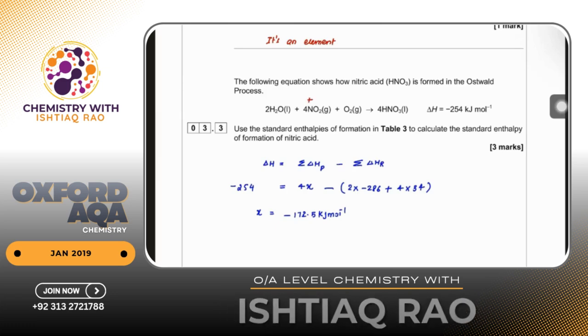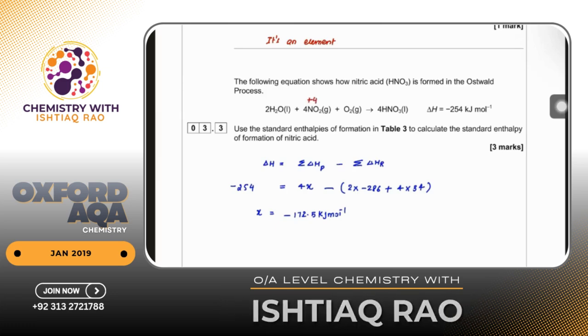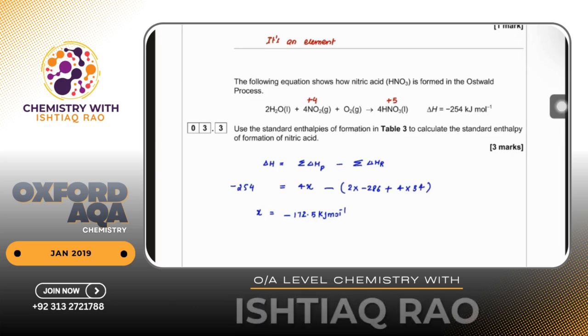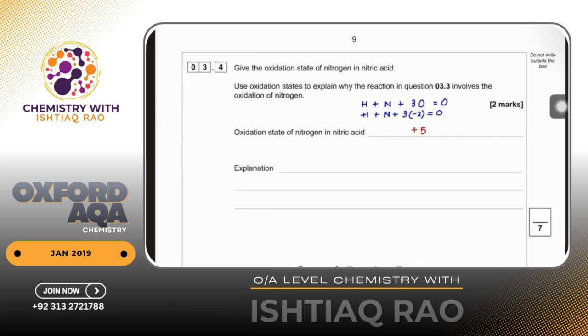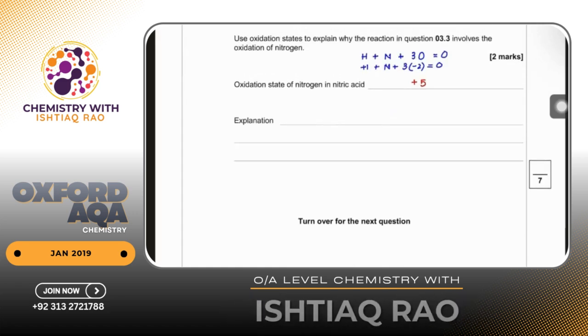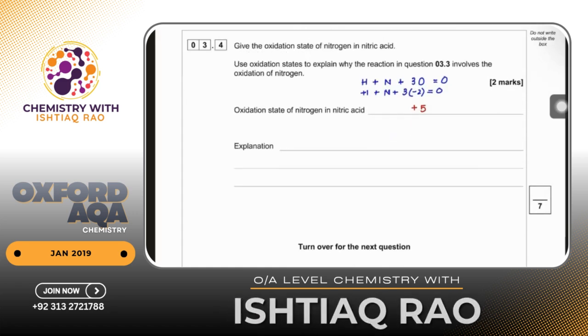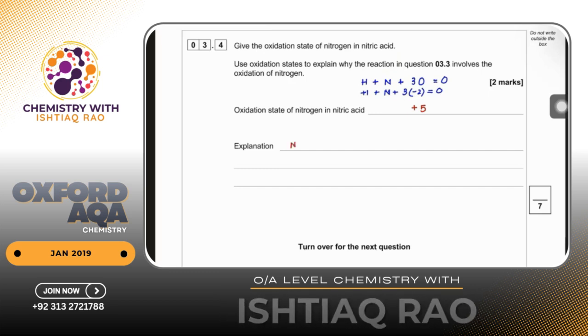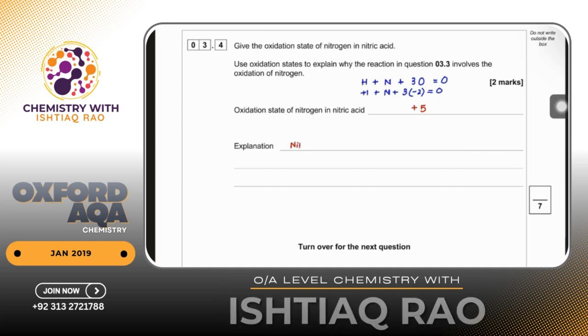But here it'll go to +5, so it's gaining oxidation number, losing an electron.